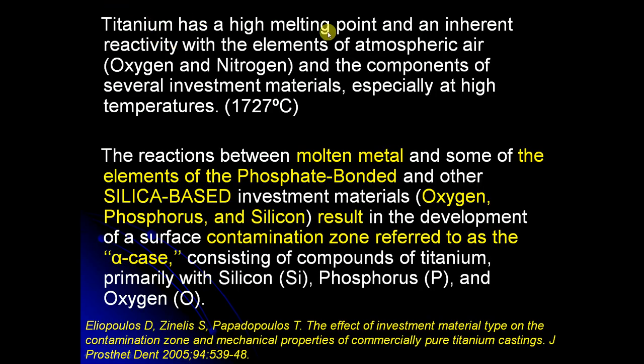Titanium has a high melting point and an inherent reactivity with the elements of atmospheric air, that is oxygen and nitrogen, and the components of several investment materials, especially at the higher temperature of 1727 degrees Celsius. The reaction between the molten metal and some elements of the phosphate bonded and other silica based investment materials, that is oxygen, phosphorus and silicon, results in the development of a surface contamination zone referred to as alpha case, consisting of compounds of titanium primarily with silicon, phosphorus and oxygen.